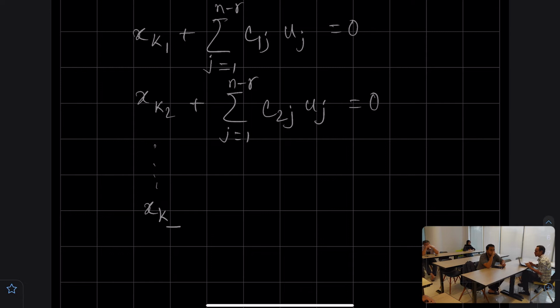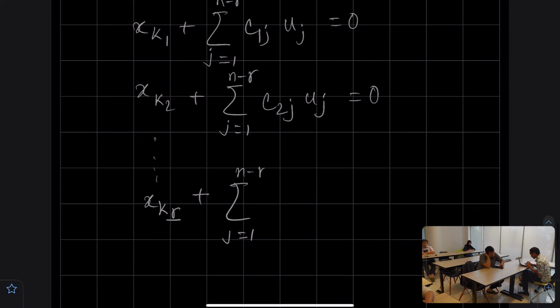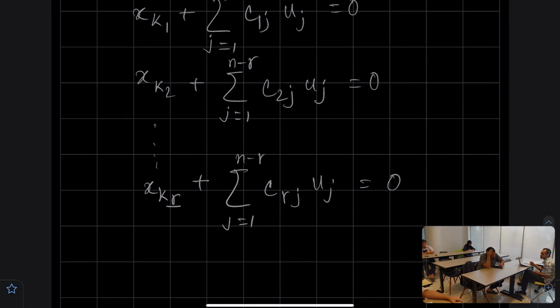So what should I put here? xkr, because there are r leading variables, so I have to put xkr here. Then plus the sum over j equals 1 to n minus r of crj uj equals 0. This is the system Rx equal to 0, right?